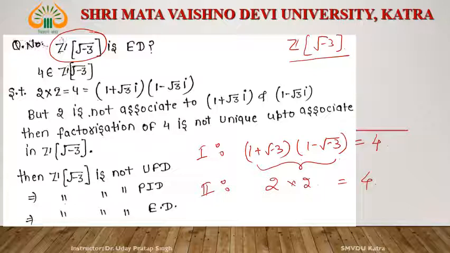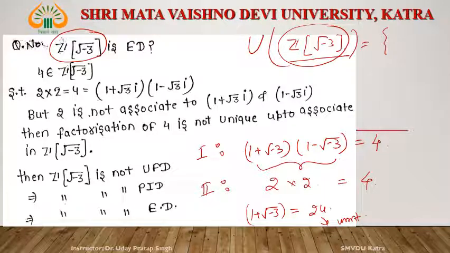Whether 1 plus square root of minus 3 is equal to 2 into u, where u is a unit. And what are the units of this? The units are 1 and minus 1. So is 2 into 1 equal to this, or 2 into minus 1 equal to this? Not possible.